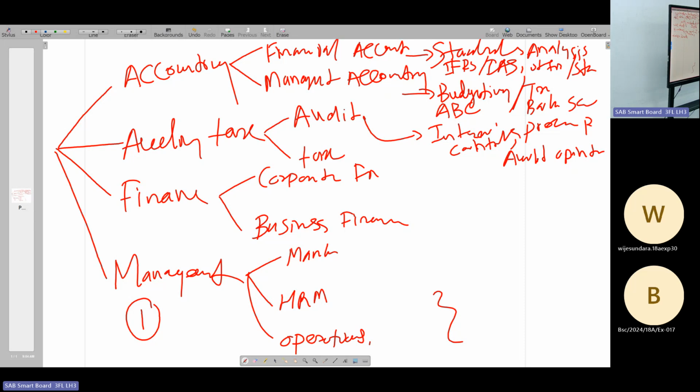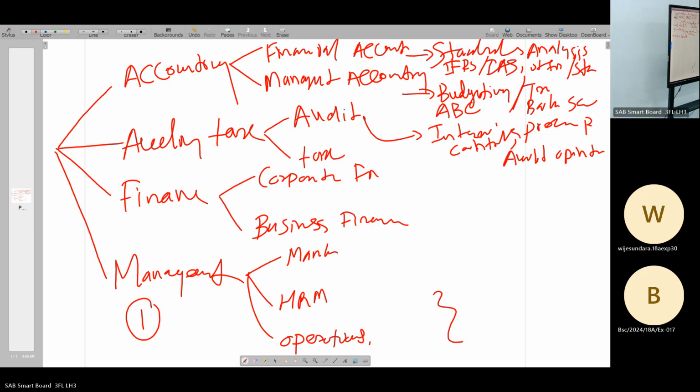Capacity management. What else? Quality management. So those are the areas coming under supply chain management or whatever operations do.